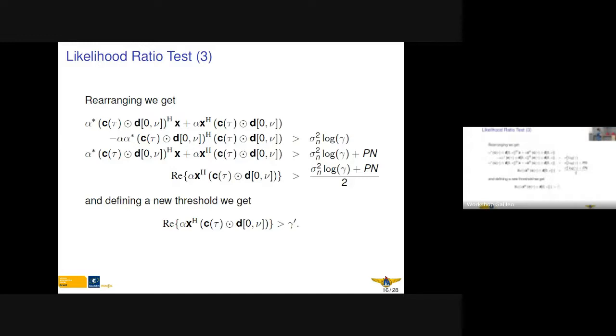So we need to evaluate the real part of alpha x Hermitian C_tau D with respect to tau and nu, and this needs to be larger than this threshold. We can define gamma prime, which is equivalent to sigma_n squared times the logarithm of gamma plus P_n, divided by 2.